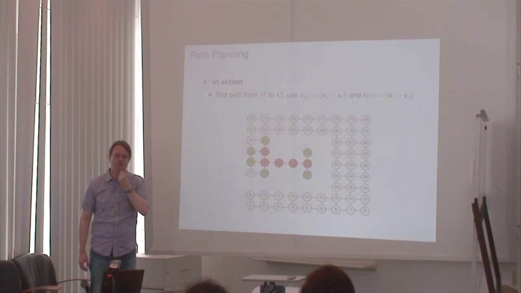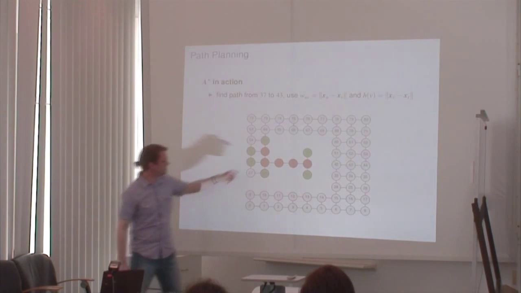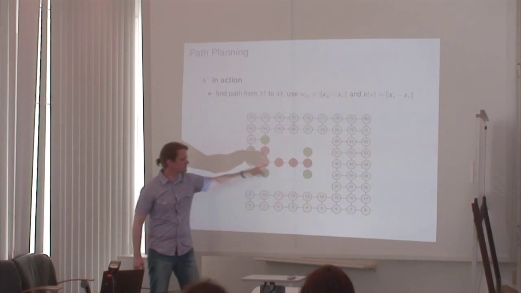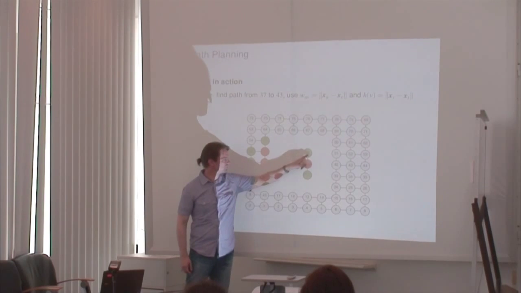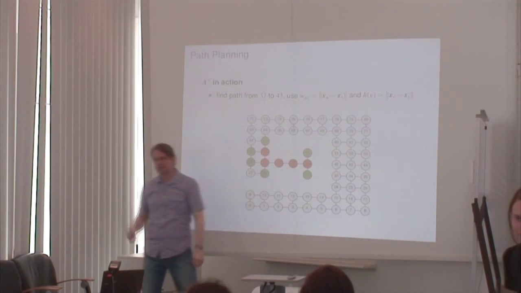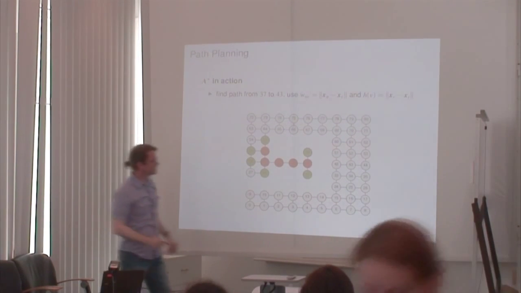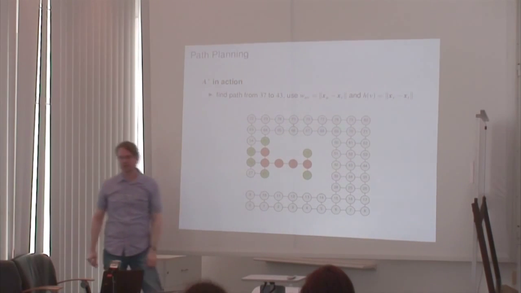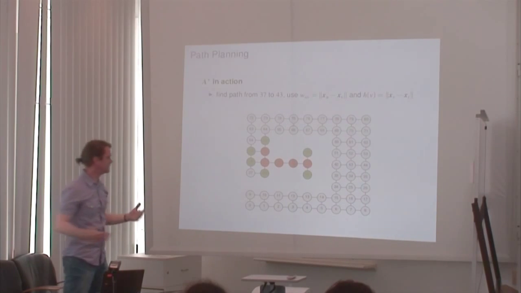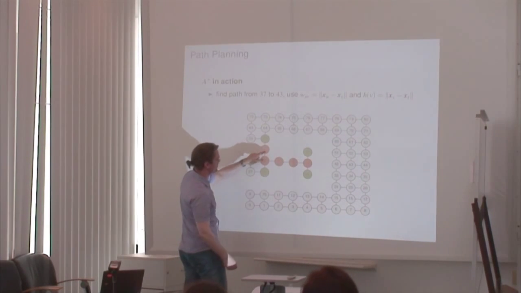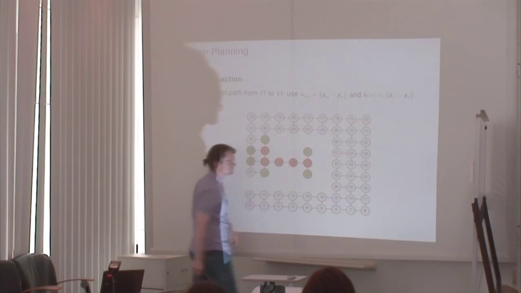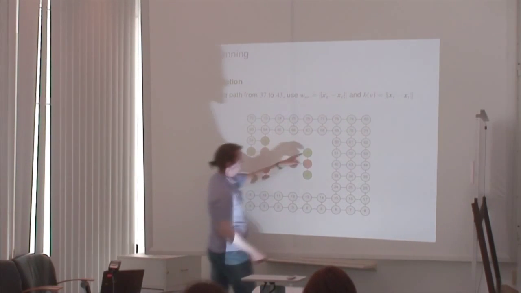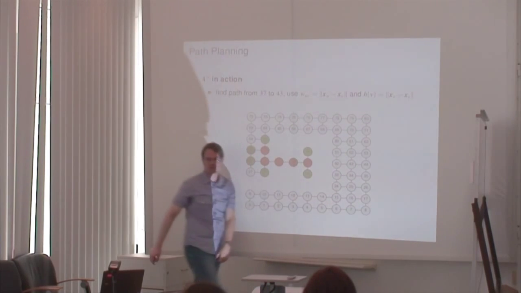Exactly. The G value for 46 is so much smaller than the G value for 49 or 31 that even though the H value for these two nodes is much smaller, the sum of the G value of this node and the geometric distance to the target is smaller than the G value for this node and its distance to the target.